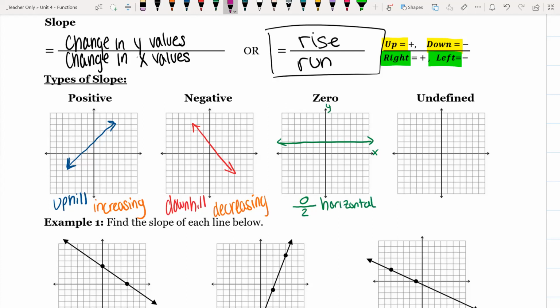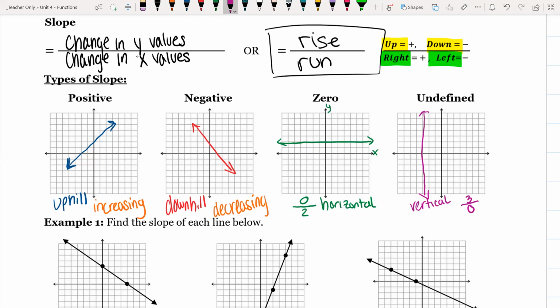Whereas undefined is going to be up and down. So we rise, but we never run. So this is a vertical line. We rise, but we never run. Okay, so that's a good way to remember it. Those are the different types of slopes.